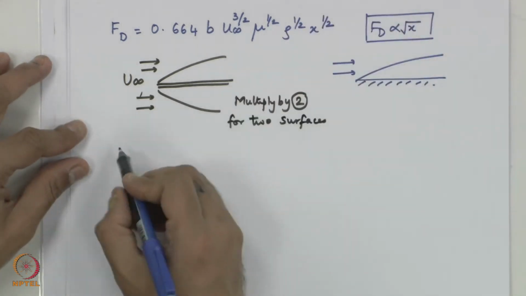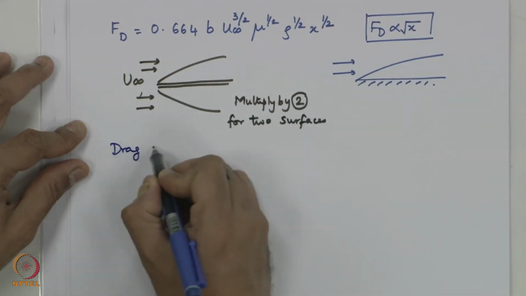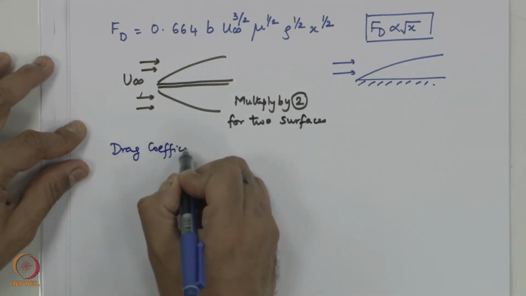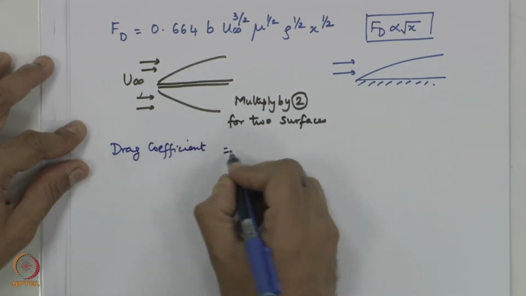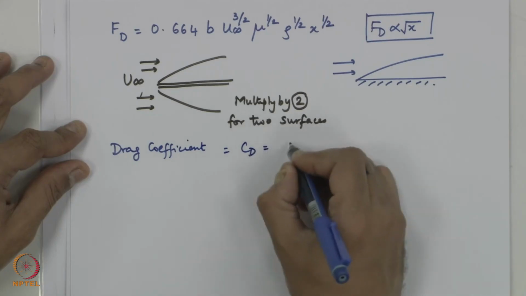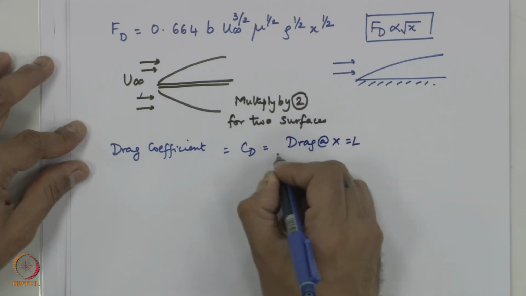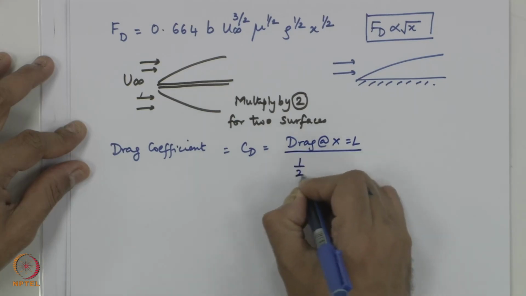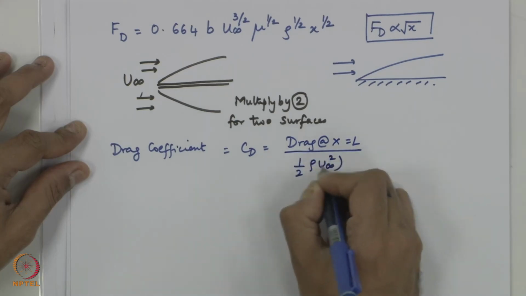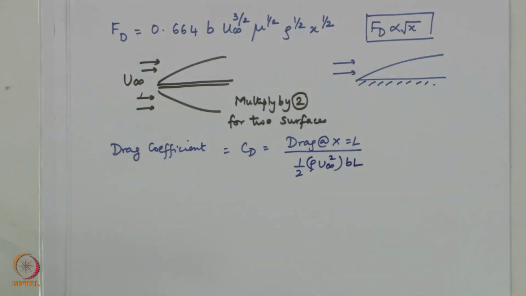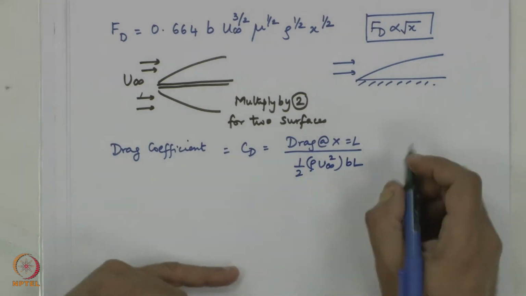Lastly, the drag coefficient CD is drag at x equal to L divided by half rho u infinity squared times b L. This is the definition of drag coefficient.